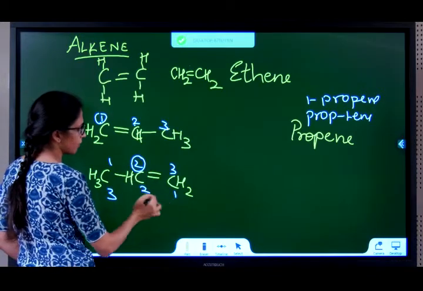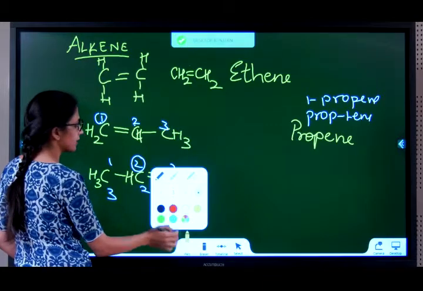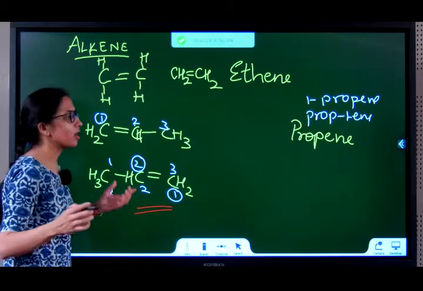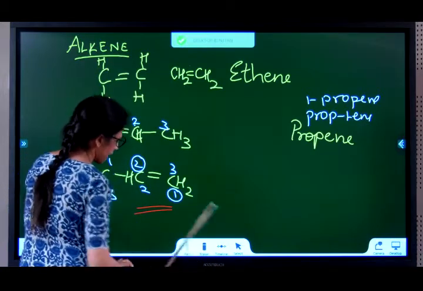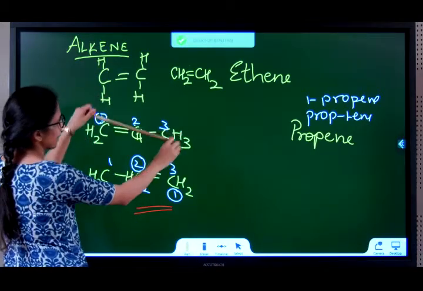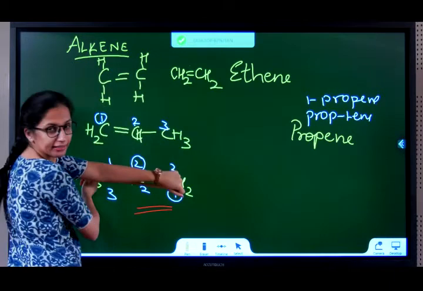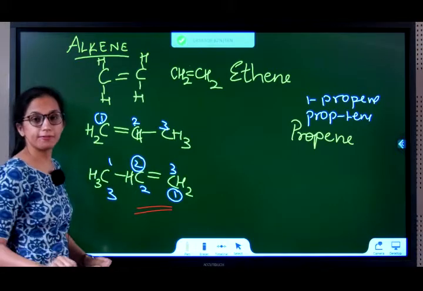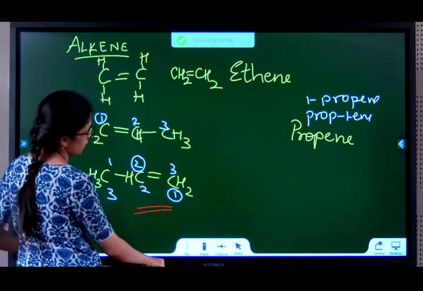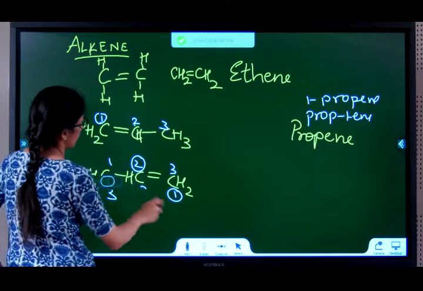If you choose 1, 2, 3 here, between 1 and 2, this is 1. So we will stick to the second number, which is still giving us prop-1-ene. How is it same? That is because if I keep this like this here and I change it here, isn't it the same? Same substance. View is different. That's all. So these two are the same compounds.